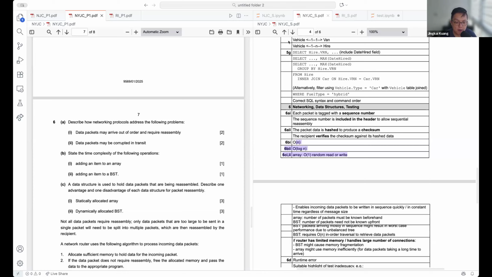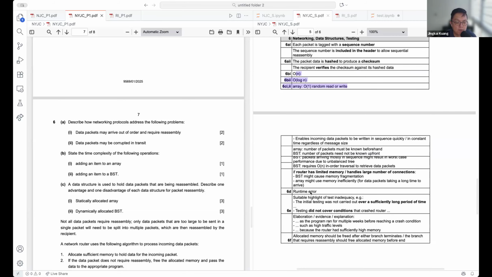Then the thing about BSD is, what's the worst kind of BSD you can have? We mentioned this many times. BSD is good if your data coming in is random. If we sort by the data packet sequence number and they come in randomly, that's okay.